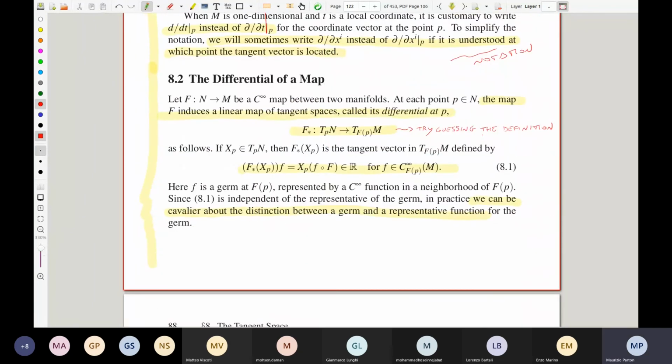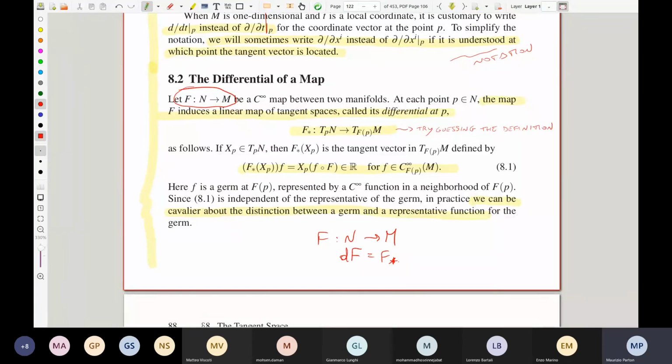Okay, and now, if you have a differentiable map from N to M, you can do the differential of this map, also denoted by F star this way.